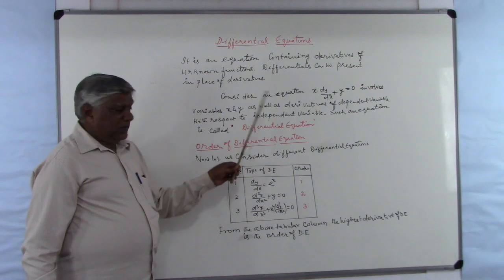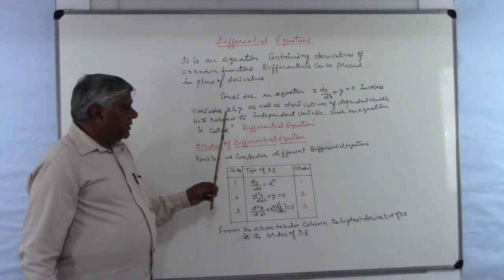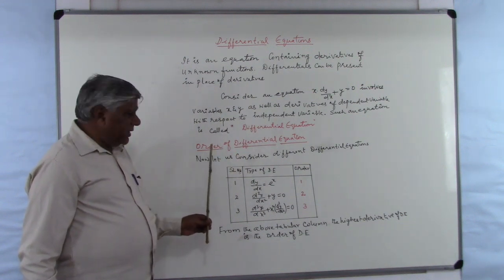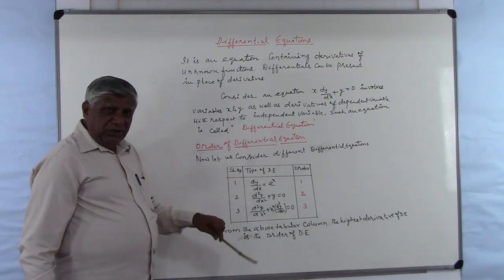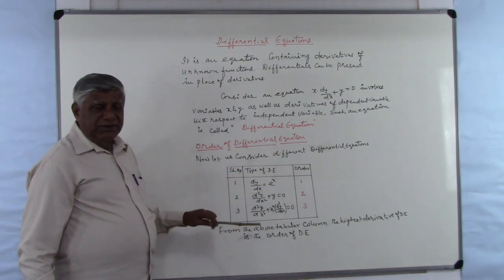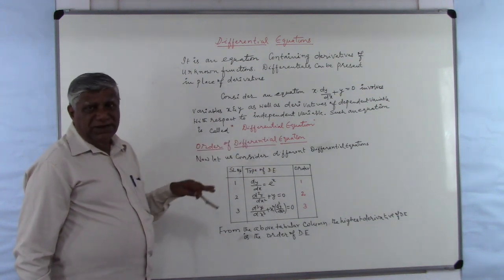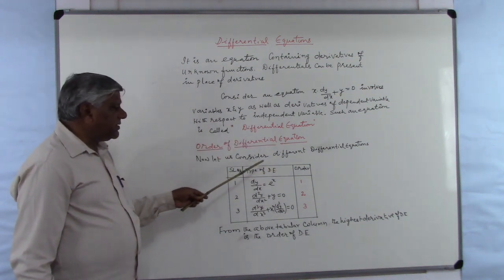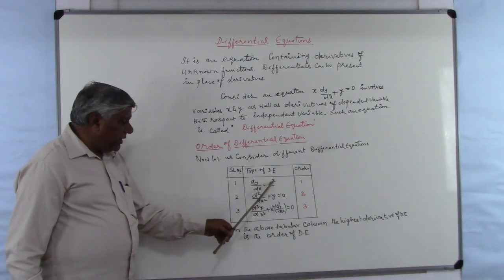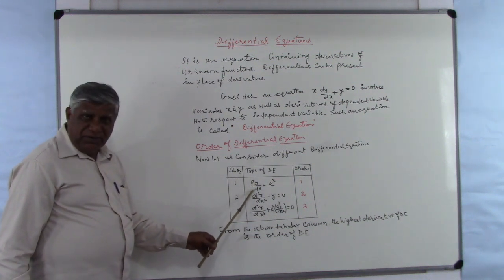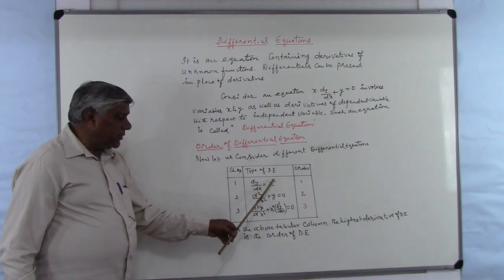That's all. Next, the topic is the order of a differential equation, and after that the degree of a differential equation. We shall first see the order. Let us consider different differential equations here. The first one is dy by dx is equal to e to the power of x.